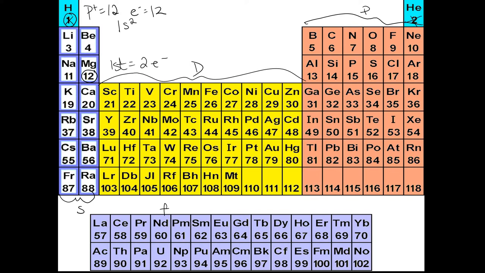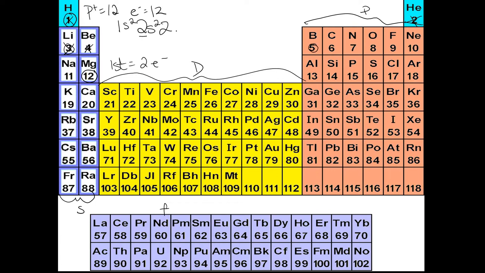So we go now to electron number 3. Electron number 3 is going to be found in the second energy level. It's still going to be found in the S block, and then electron 3 and 4 are going to take up the S block. The S block can only hold 2 electrons, so now we keep going, we run into electron 5.